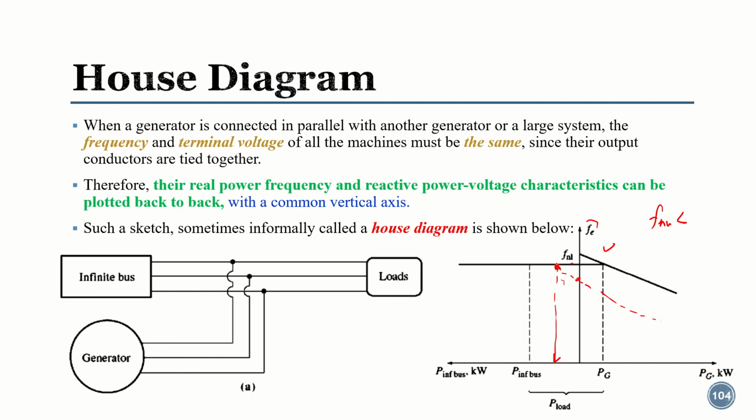That will be the intersection point, that will be your system frequency. For that system frequency, your generator power is becoming negative. It means your generator is working as a motor. Your generator is consuming power from the infinite bus. So this is the relationship.